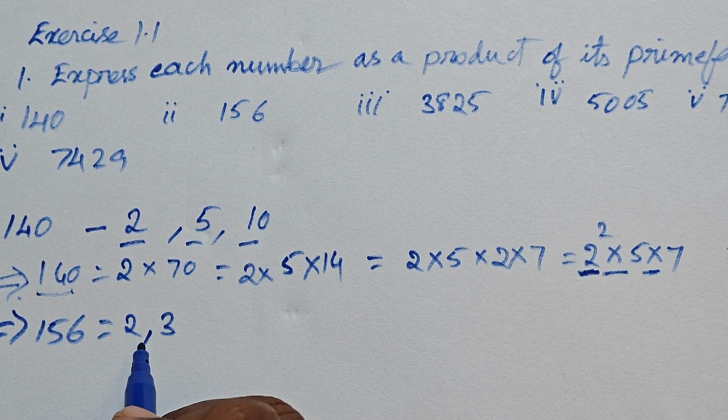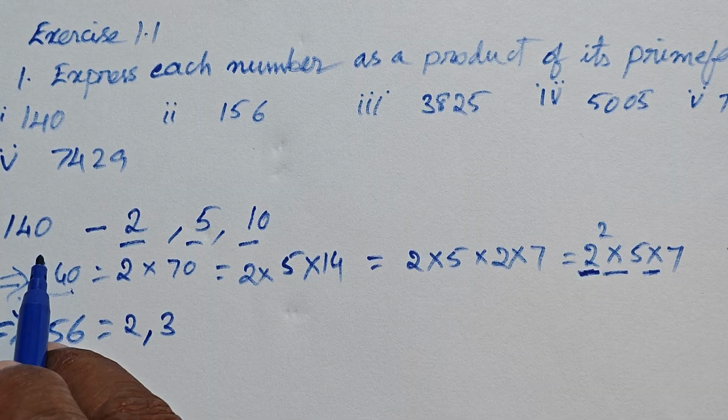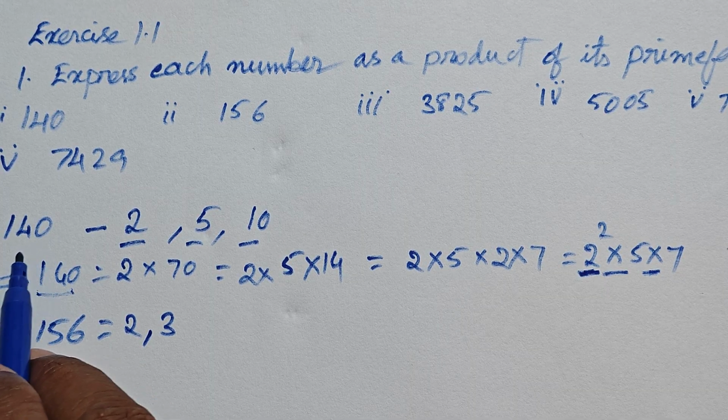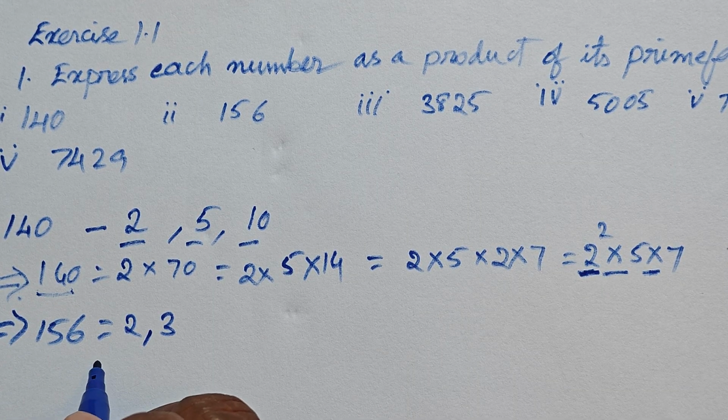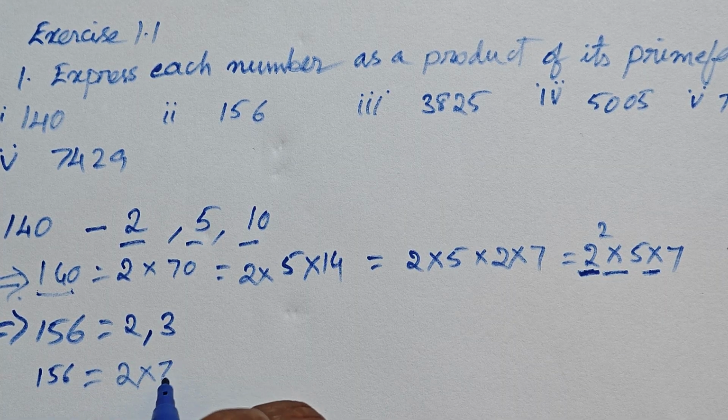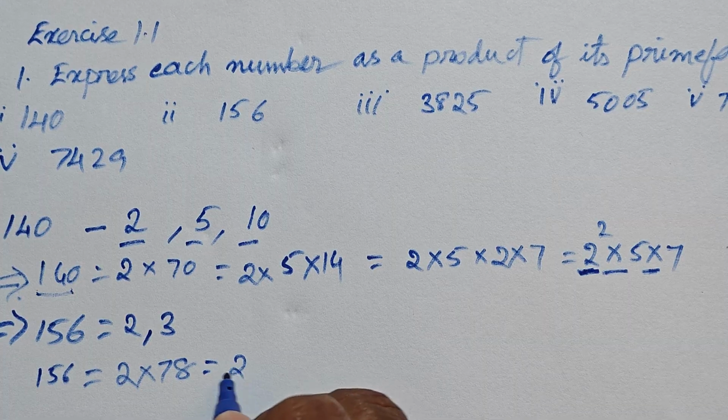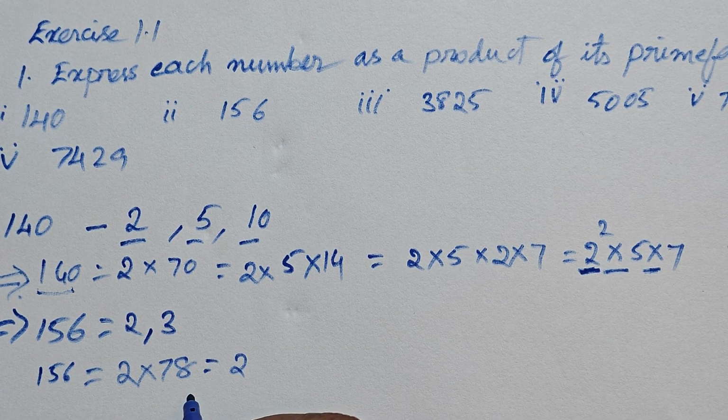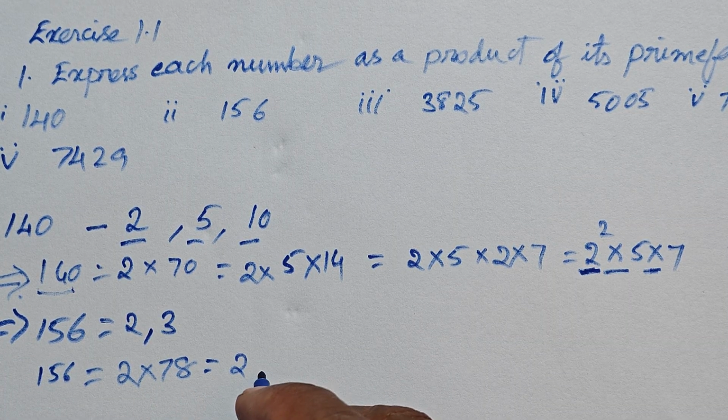Is it required to always know this? No need. If you know the first possible factor, then you divide the number. Like 156, you can write as 2 into 78. Is 78 divisible by 3? Yes, because 7 plus 8 gives us 15, and 15 is divisible by 3.